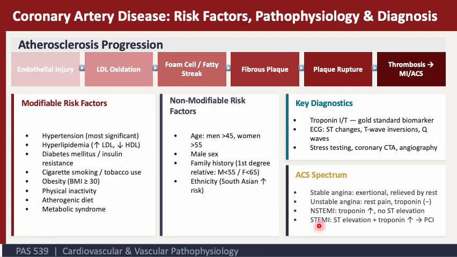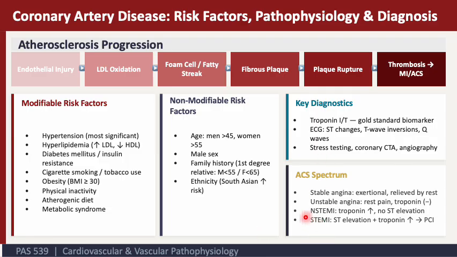The next item is unstable angina, and it's the opposite. At rest, they still have some discomfort where they may have some shortness of breath. However, when you look at their EKG, it's not showing any significant changes. And if you look at their cardiac enzymes, they're negative.